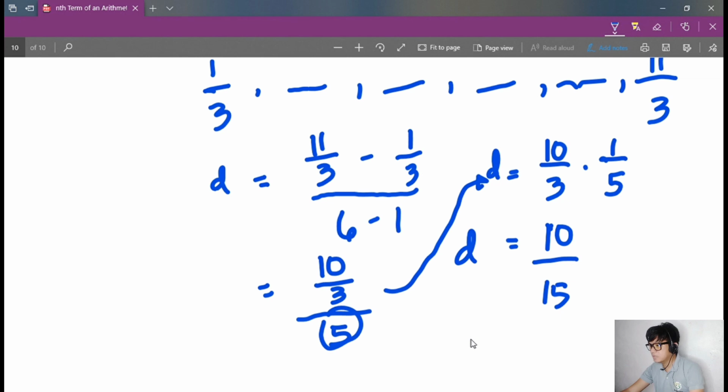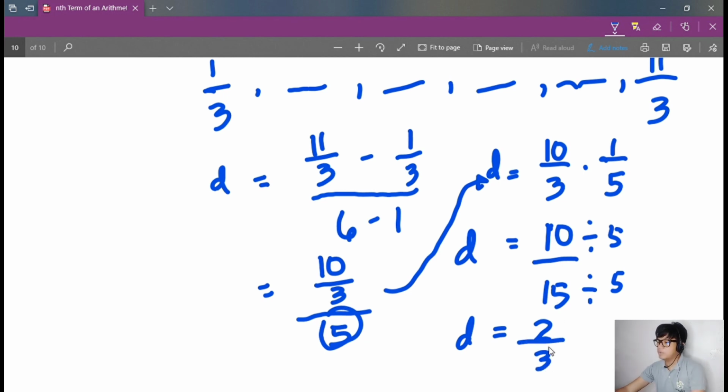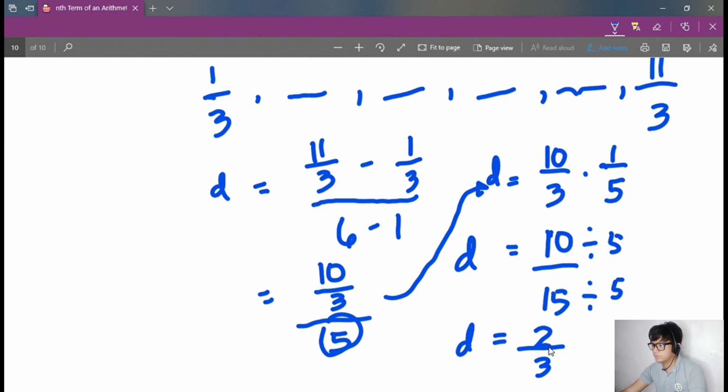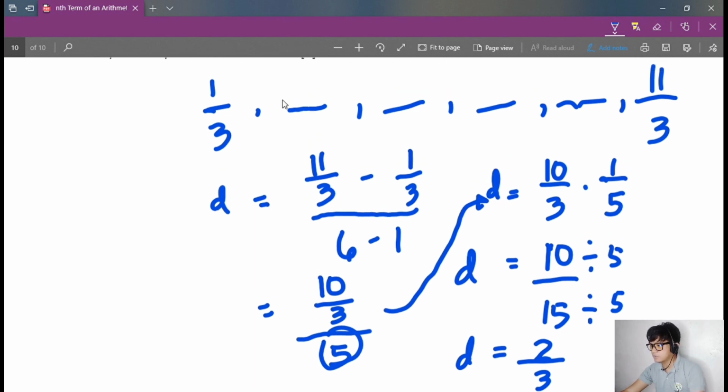As you can see, both numbers can be divided by 5. So 10 divided by 5 is 2, and 15 divided by 5 is 3. So the common difference is 2/3. Now we add this 2/3 here.